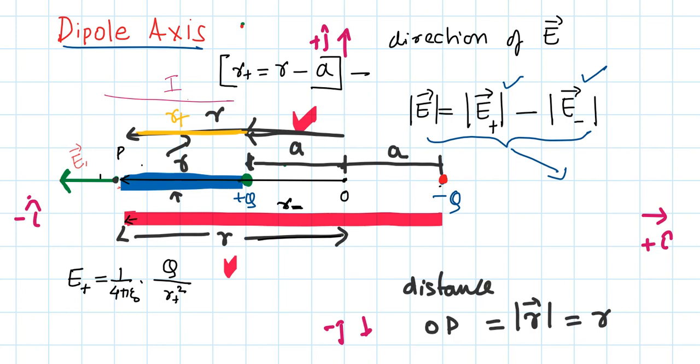To cover R minus, you will have to add the distance from O to P to the extra distance towards minus Q, which is A. So the total distance R minus is the distance from O to P plus the additional distance from O to minus Q, which is A. So there you go. You know the distances R plus and R minus.